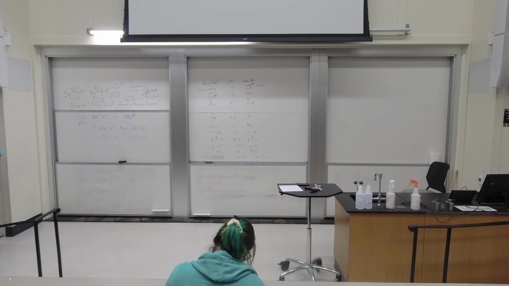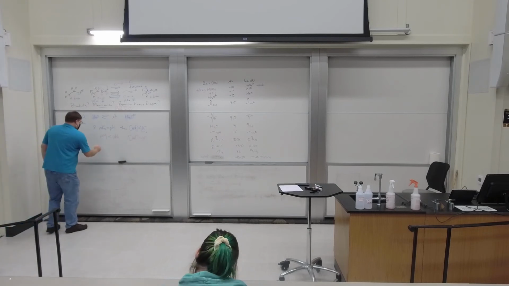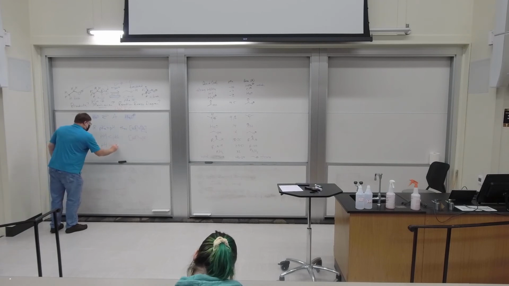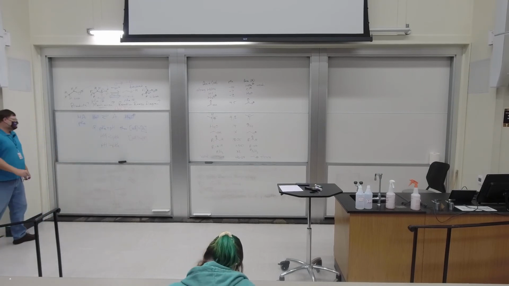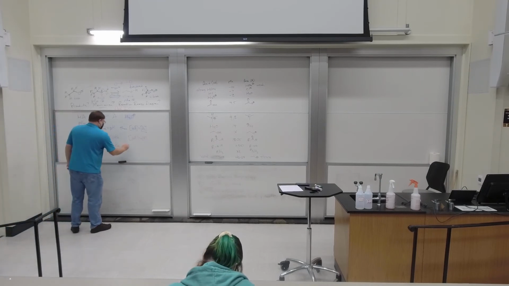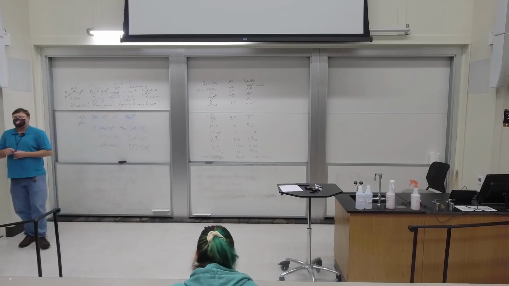As we have an abundance of protons, we're going to protonate A and go back to HA. And then going the other way, if the solution is more basic than the pKa, so if the pH is greater than the pKa, then the concentration of the deprotonated form is greater than the protonated form.